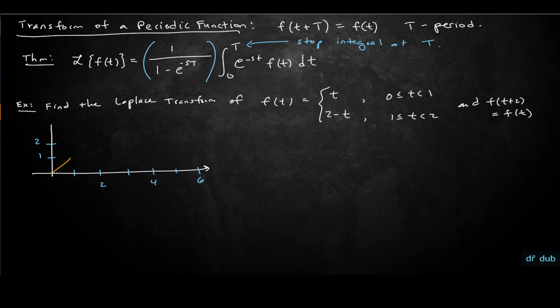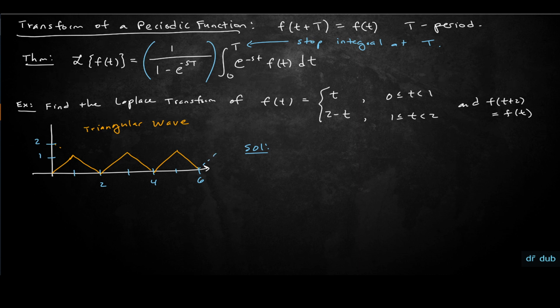And then 2 minus t would actually come down like this, and then start right there, and then it repeats. And that's the periodic part. So it's actually a triangular wave. And of course it keeps going.